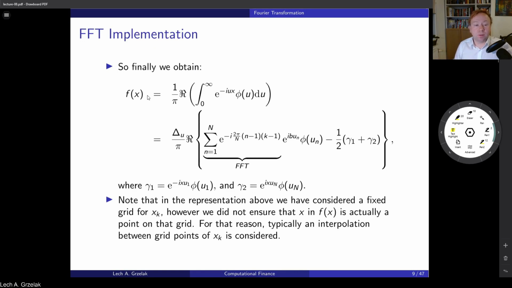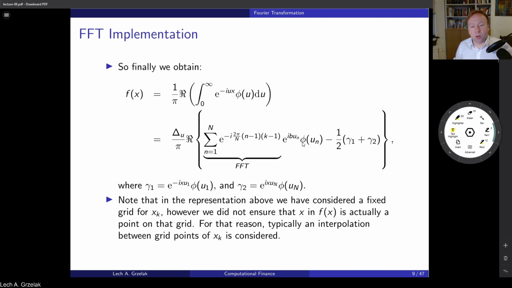Once we started from the inversion lemma, we have 1 over pi times the real part of this integral. This is what we have proven. And this is equivalent to the following representation. We have delta u over pi, the real part, then a fast Fourier transformation, which takes place here.